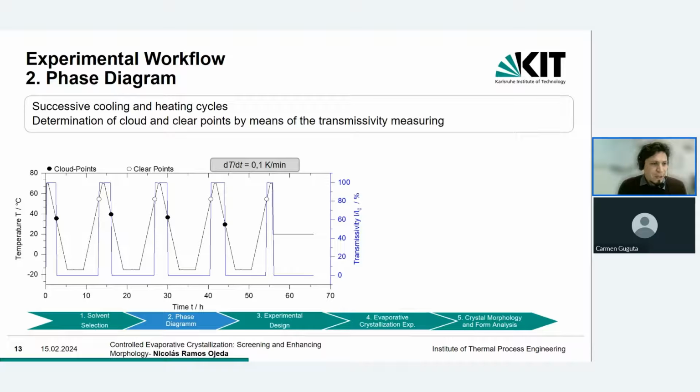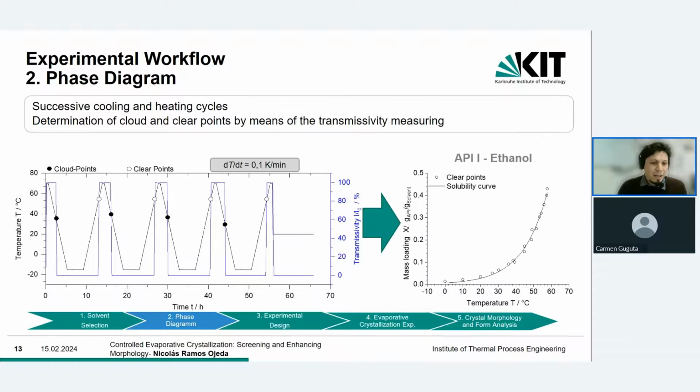In this way, when the solution or the suspension gets completely clear, I mean, all the solids are dissolved, then you have the clear points that are correlated with the solubility temperature. So you can average this temperature, and doing so for all the mass compositions that you need, you have the solubility curve for the API in the respective solvent.